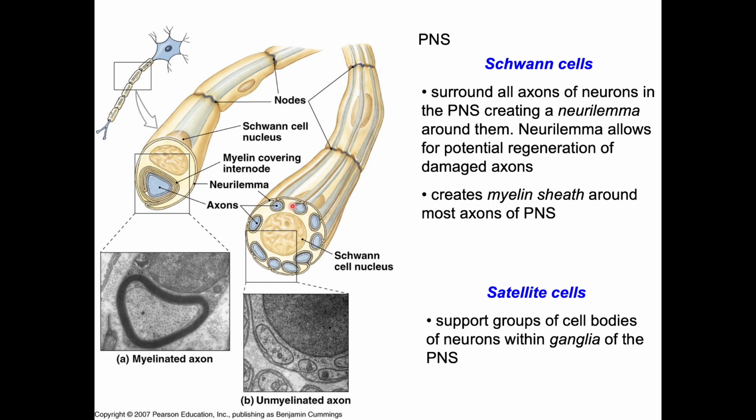Again, function of Schwann cells and oligodendrocytes are both to myelinate the axons of neurons and to insulate the signal, helping that signal propel much more quickly and to maintain strength from beginning to the end.